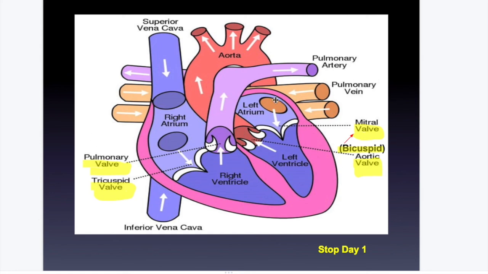When blood returns to the left side of the heart from the lungs through the pulmonary veins, it goes into the left atrium, and then it goes through the mitral valve. That's also called the bicuspid valve that you see right here. And then from the left ventricle, the blood is pumped through the aortic valve into the aorta, and then leaves the heart and goes to the rest of the body.